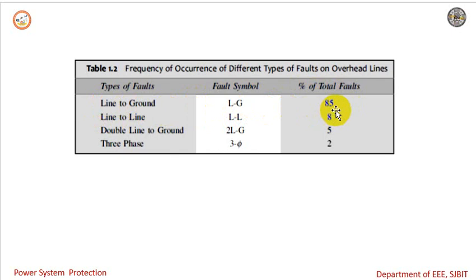So we can see that the maximum amount of faults that occur on the overhead lines are line to ground faults. Line to line fault is 8%. Double line to ground fault is 5%. And three phase, the most severe fault, is very rare, only 2%. So this is about the types of faults, fault effects, and fault statistics.